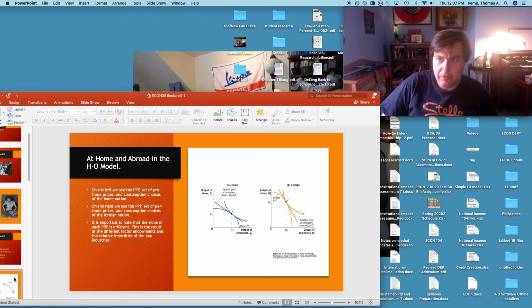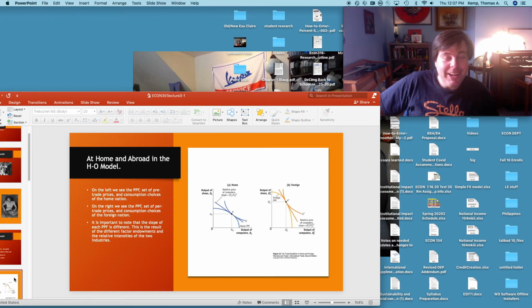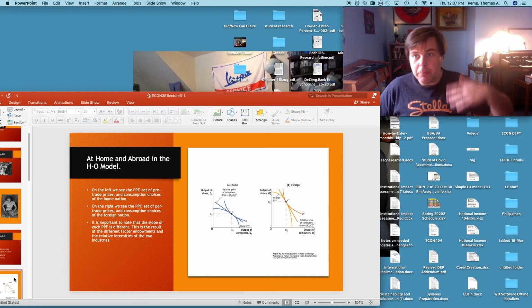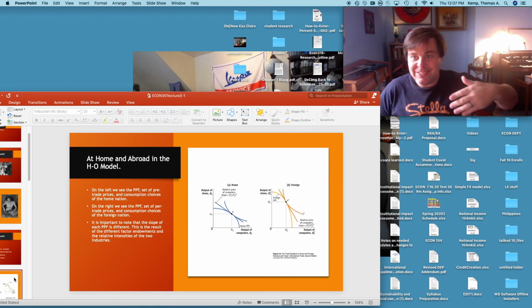Think of this as hours of work and then stuff you want, right? How many hours are you going to work to get the stuff you want? So there's a trade-off there. And whatever that ratio is, hours of work to stuff you want, because you could get more stuff if you work longer, or less stuff if you work less.